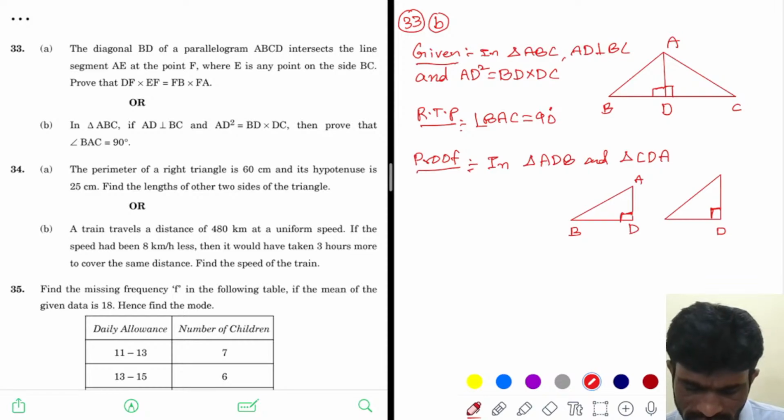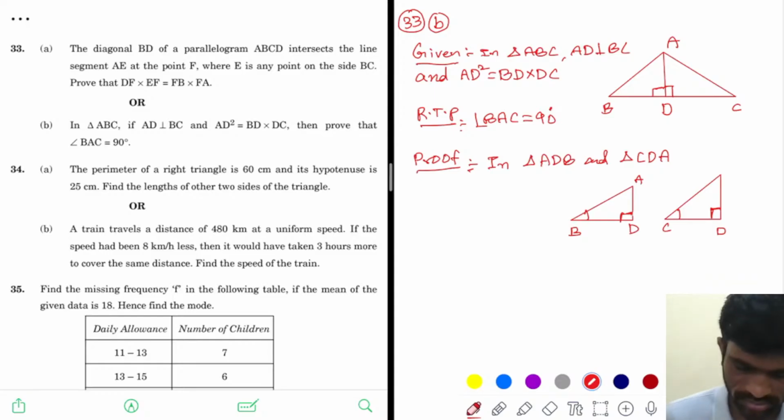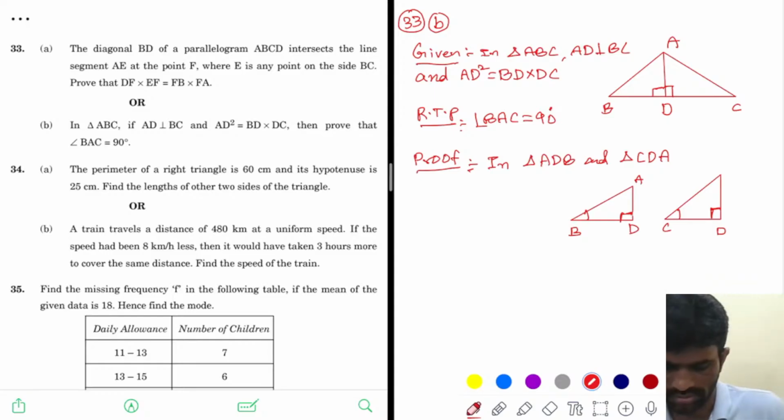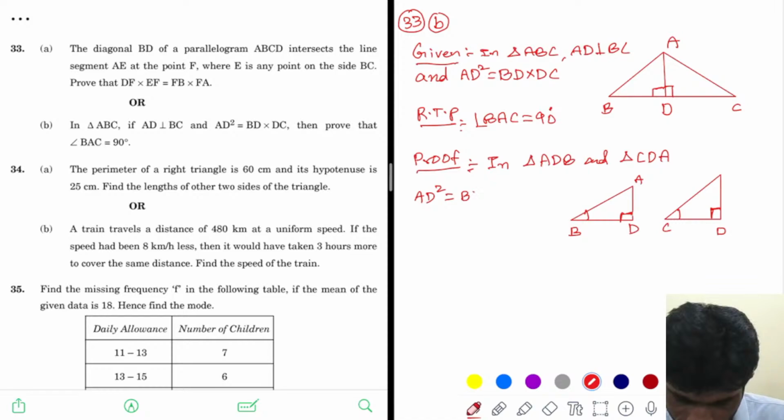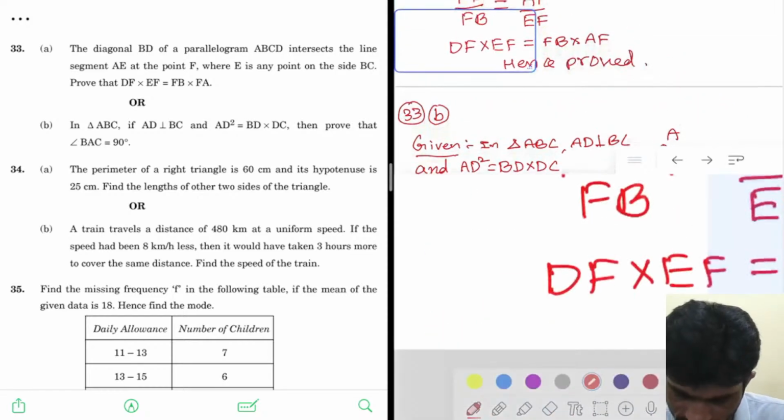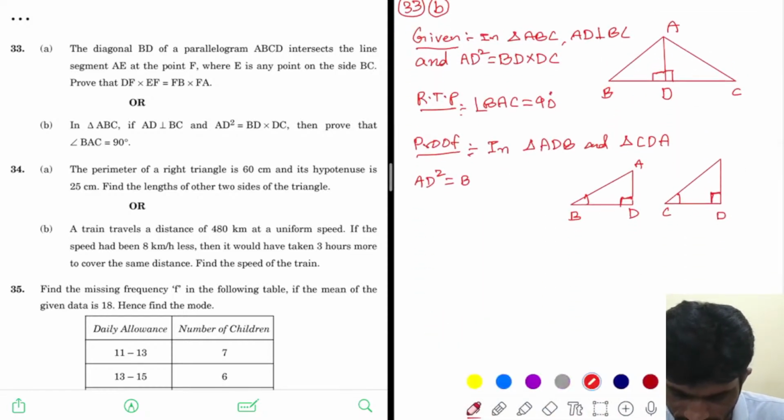Now in these two triangles, angle B will be equal to angle C. Why? Because here the given thing is AD square is equal to BD into DC.